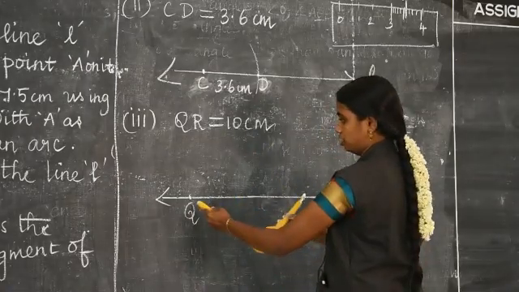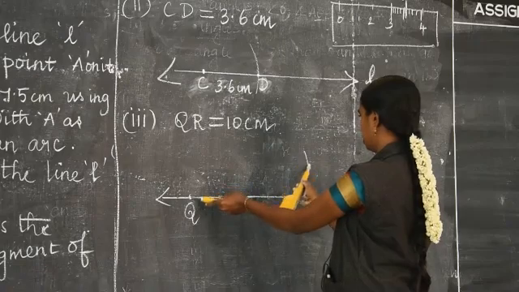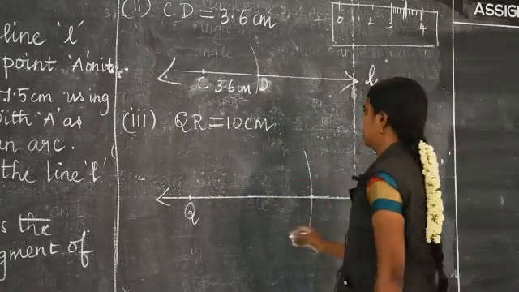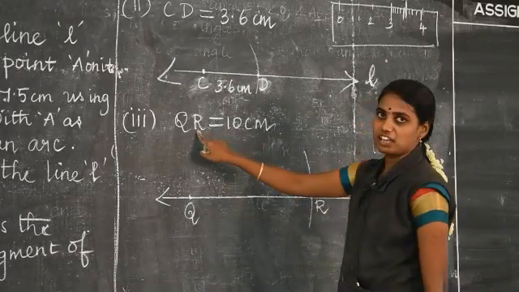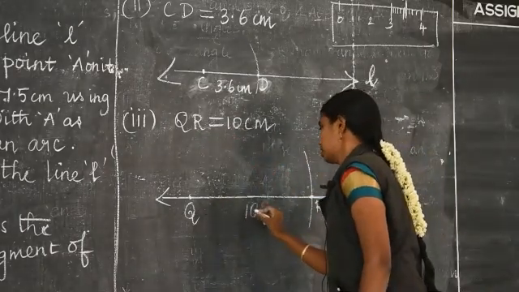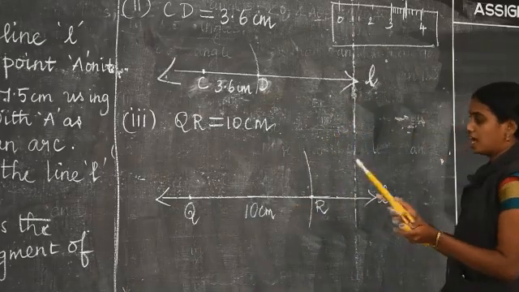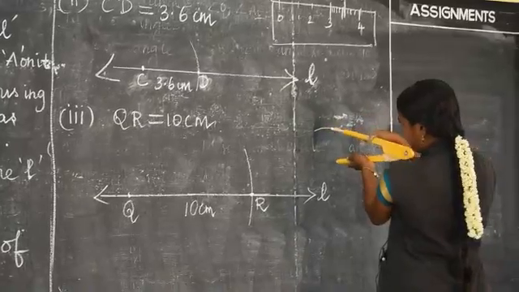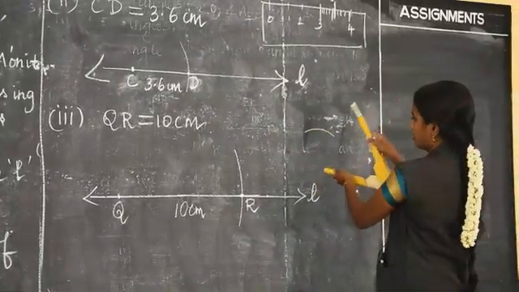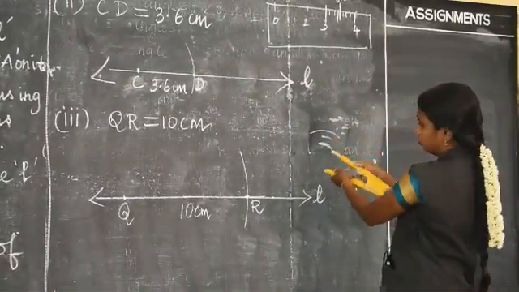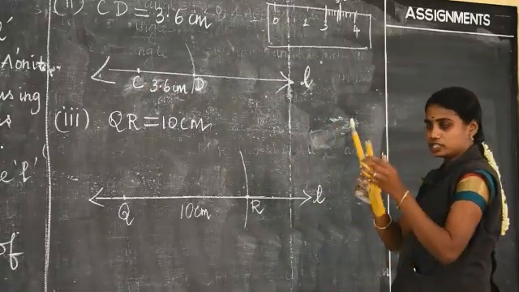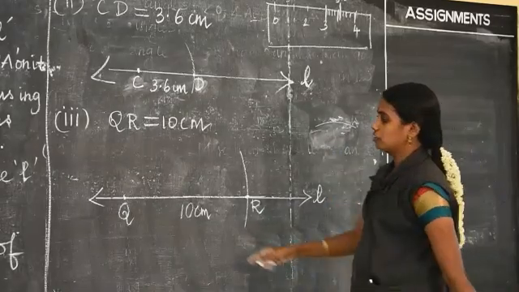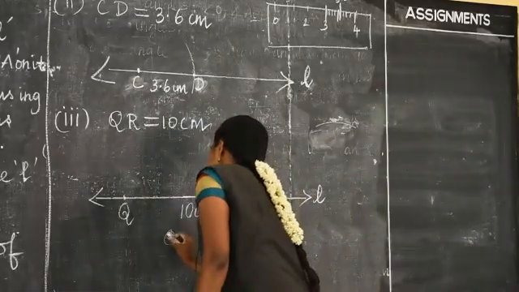Measure 10 centimeter from Q and cut R. Where it cuts, the name is R. Then write 10 centimeter. You draw the arc properly, fix the compass properly, cutting like this only, it's called an arc. Some boys will be doing like this, don't do like that. Just take it once and cut, that's all. So now this is QR 10 centimeter.